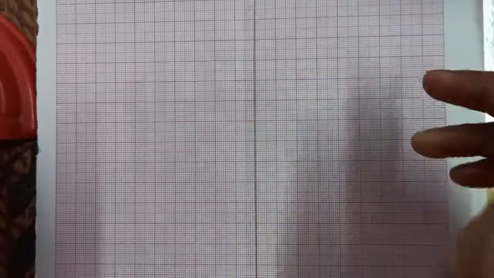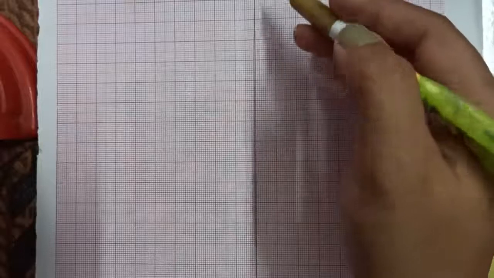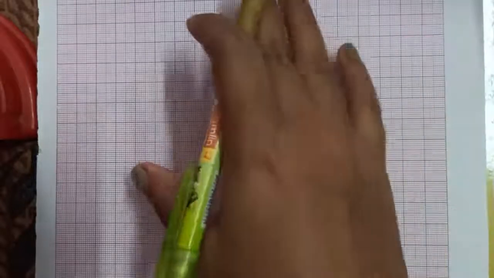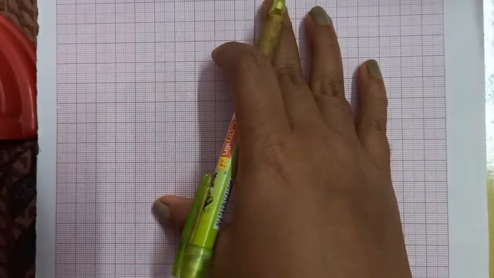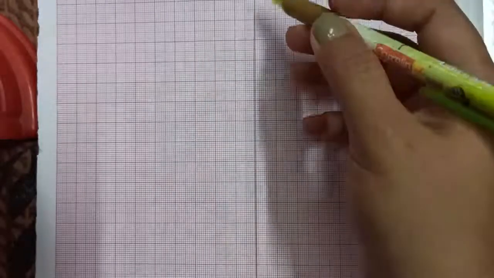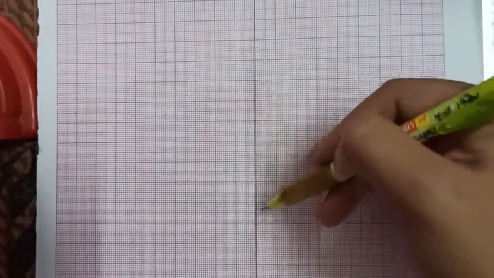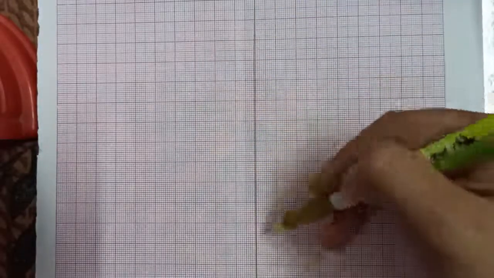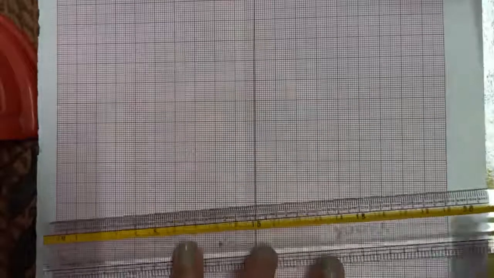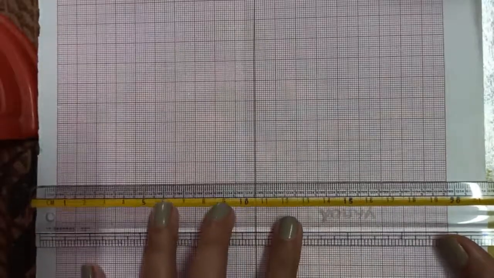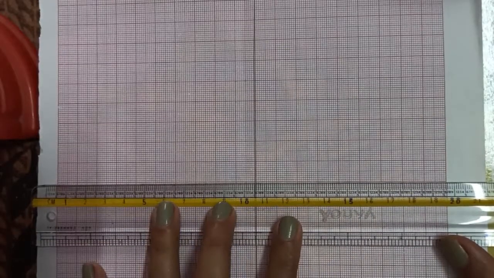Now as I told you, you have to draw 2 axes, which means 2 number lines. So from the middle of the graph I have drawn one line. Now this will represent the y-axis. Similarly, for the x-axis I will take the middle of the page and select any one of the thicker lines.